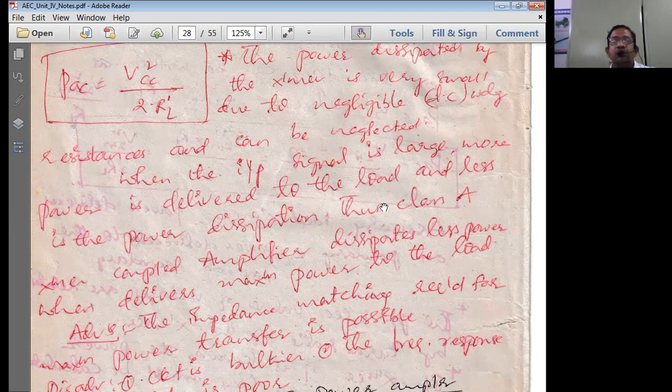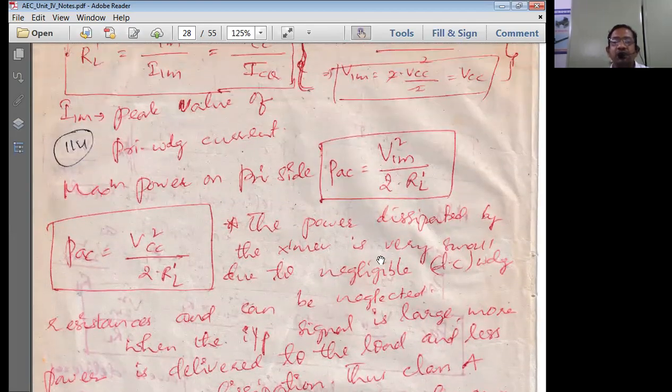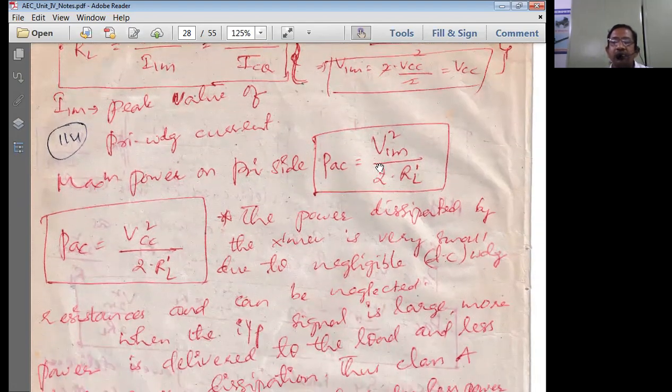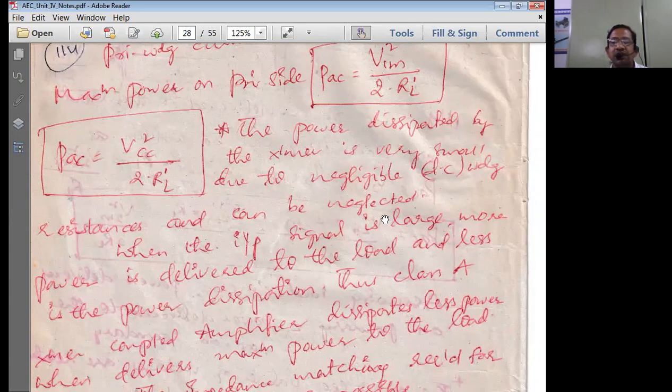So when you calculate, the power dissipation is what? Power applied minus power delivered to the load. That is PD is equal to PDC minus PAC, called the power dissipated signal. PDC is nothing but VCC into ICQ, minus PAC.